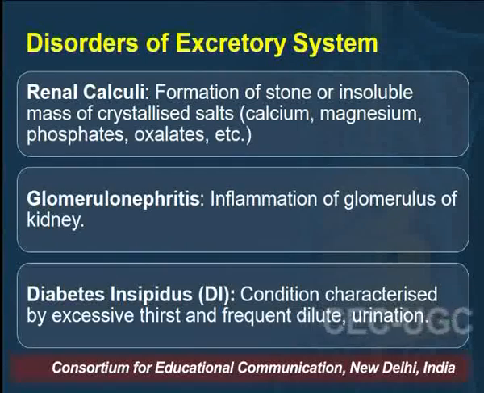Then renal calculi, formation of stones or insoluble masses of crystallized salt that can be calcium, magnesium, phosphorus and oxalates, etc. Then glomerulonephritis, that is inflammation of the glomerulus of the kidney. Diabetes insipidus, that is a condition characterized by excessive thirst and frequent dilute urination.